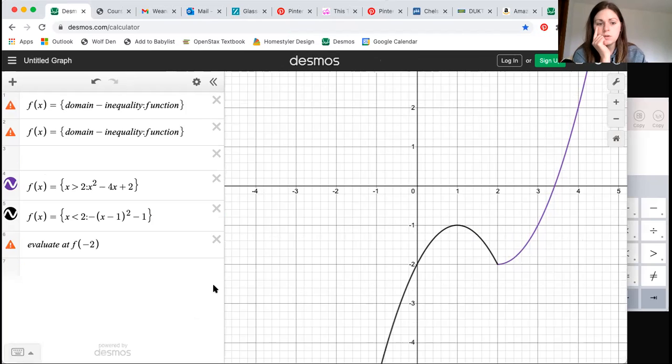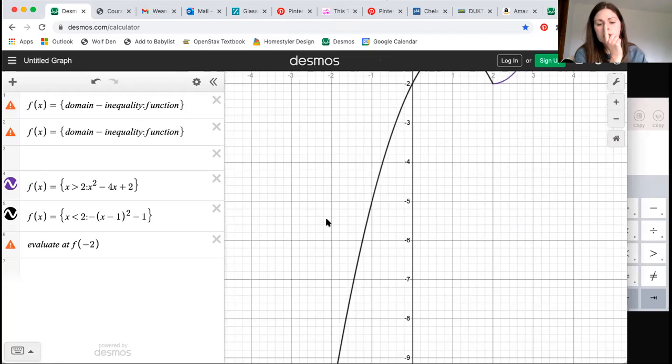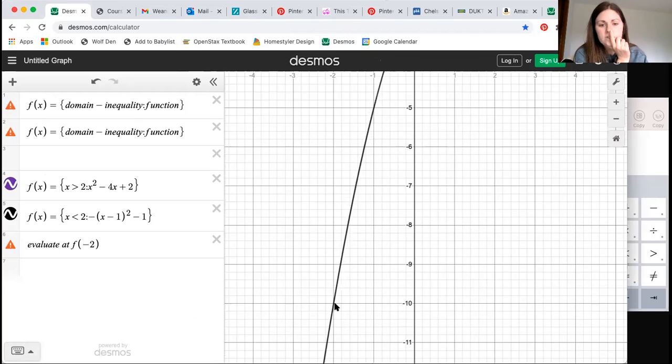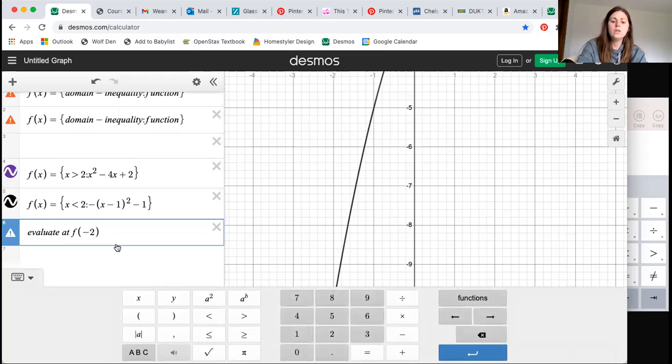Okay, so come over here, look at your graph, find the x value of -2, and then you're going to scroll down. You might have to drag your mouse some, but you're going to scroll down until you find when x equals -2, what is the y value? -10. And so f of -2 equals -10.